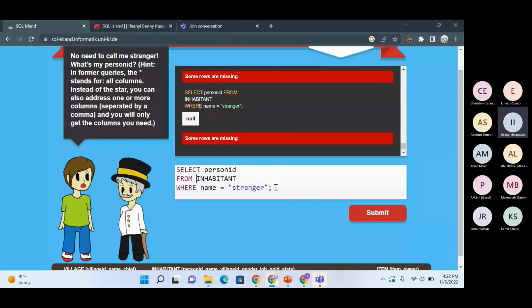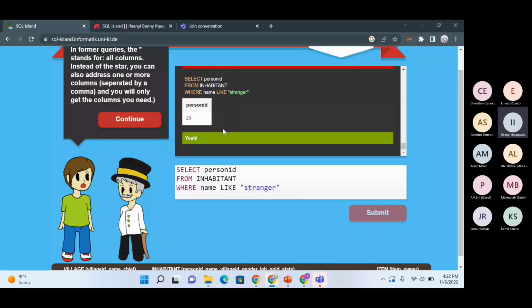Maybe it doesn't use a dot. It looks okay. Okay, so maybe it was not exactly called stranger. So his person ID right now is number 20.